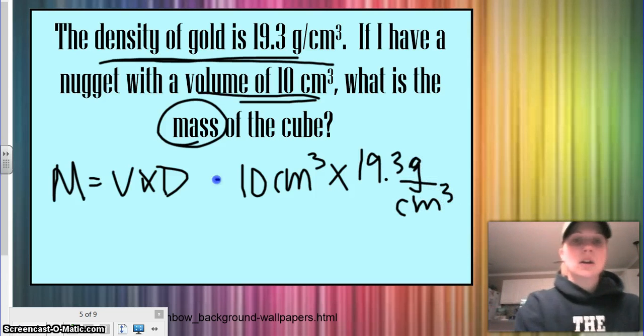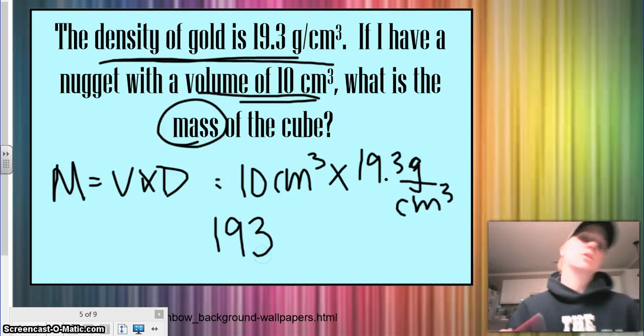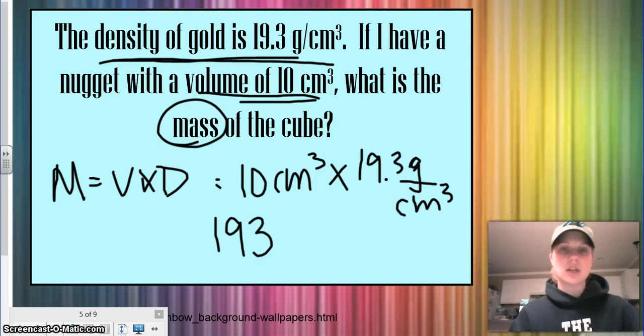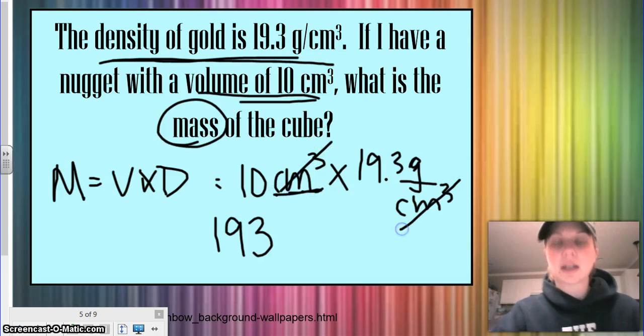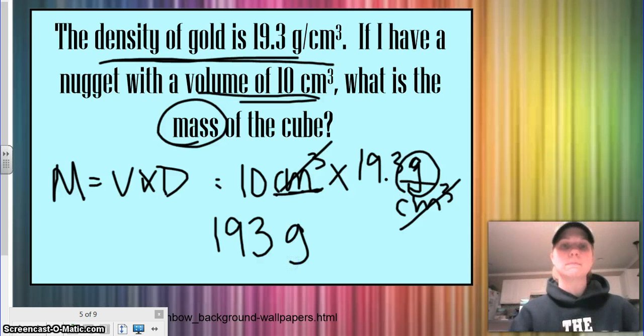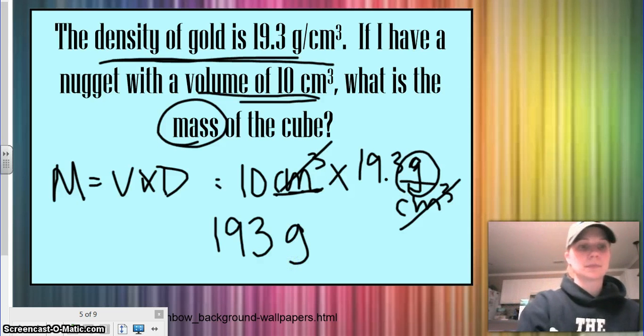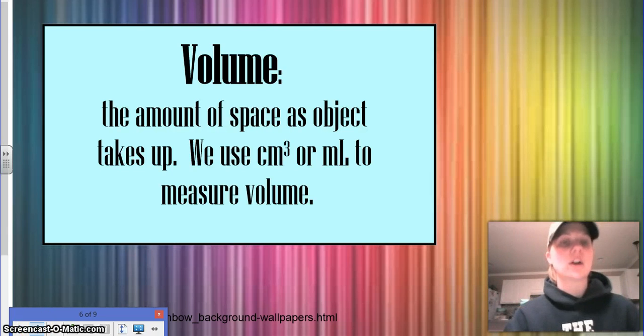If I take 10 times 19.3, I get 193. Now you're wondering how to find the units. Well, I look right here. This is above the line, this is below the line, and these two cancel each other out. So the only unit I'm left with is grams. 193 grams.